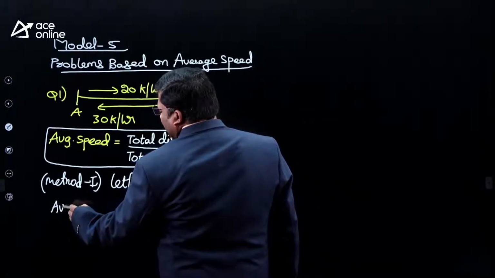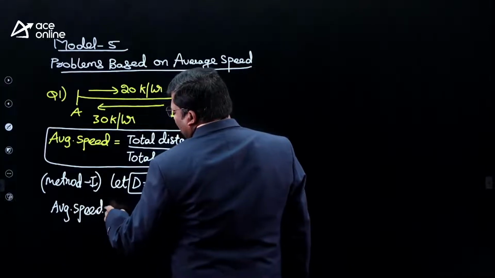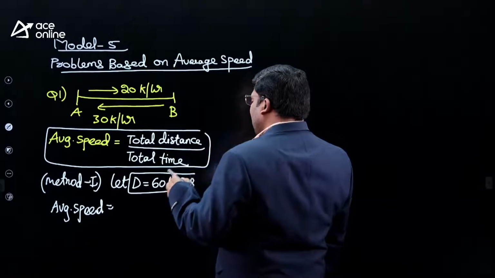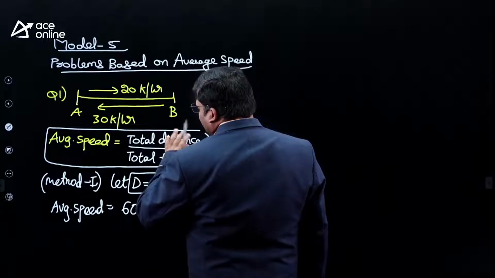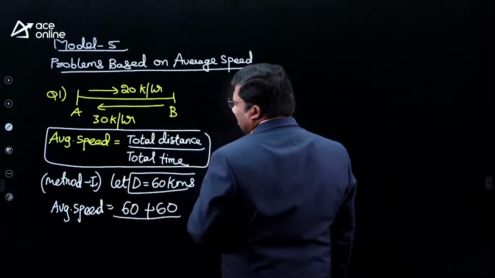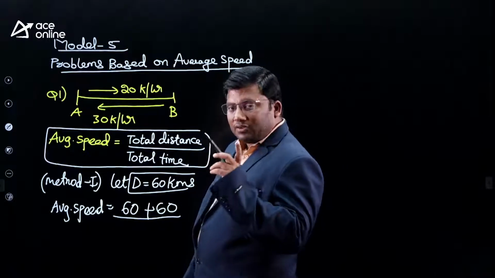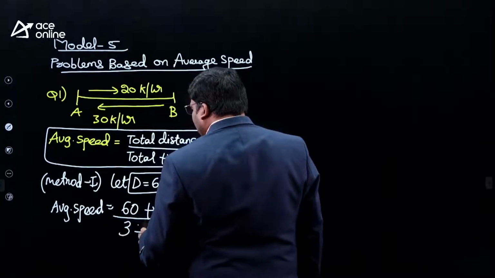So average speed is equivalent to total distance by total time. He is traveling from A to B, 60 kilometers. Again he is traveling from B to A, again 60. So 60 plus 60 divided by total time. At 20 kilometers per hour, 1 hour for 20 kilometers, so to travel 60 it is 3 hours.